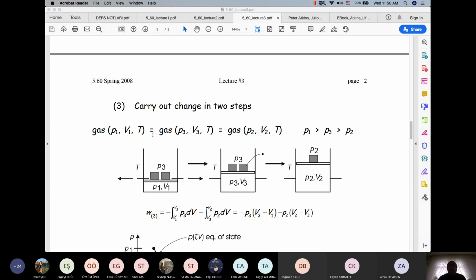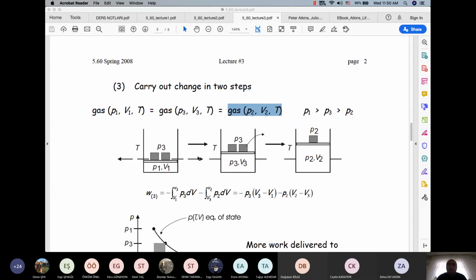Okay, if I go from this point to that point, but in the middle there is one more step that I go. So the initial point is here, the final point is over here. There are intermediate steps that I am taking. Okay. In such a case, the work that I produce is the sum from here to here and from here to here, right? So the work from here to here is given by this formula.